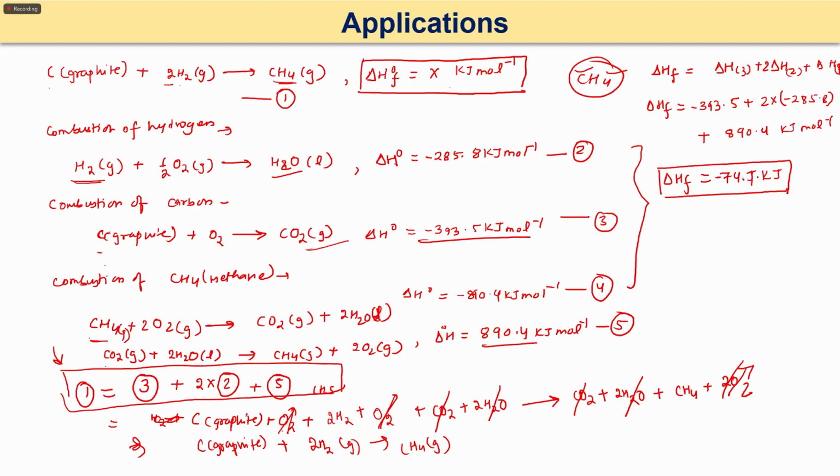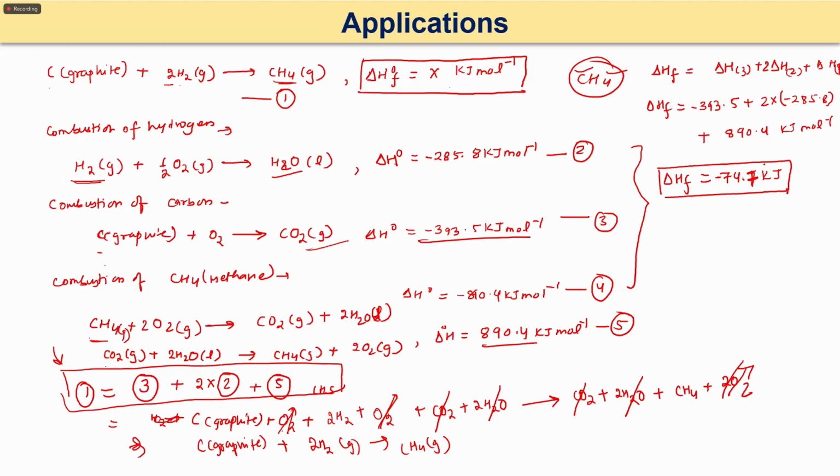Okay, 74.7. So this is the amount of energy that is required for the formation of 1 mole of methane, which is nothing but minus 74.7 kilojoule.